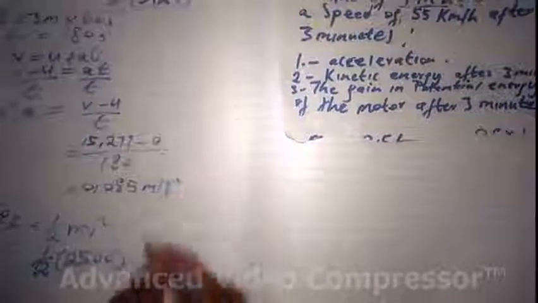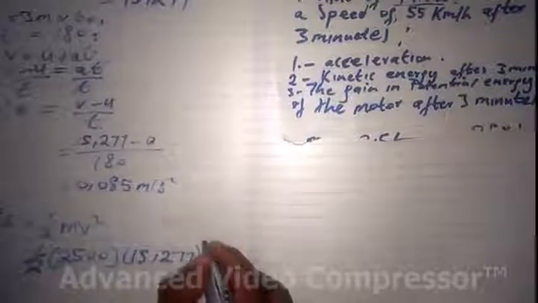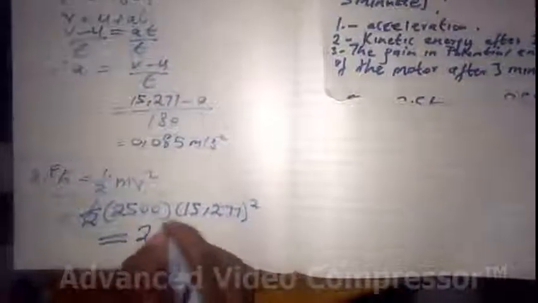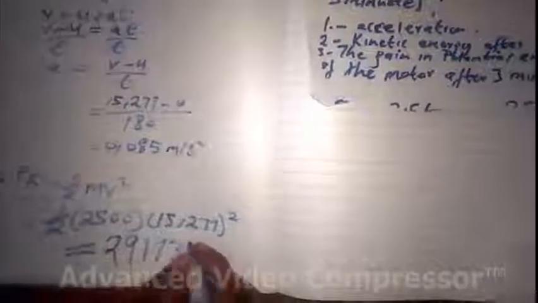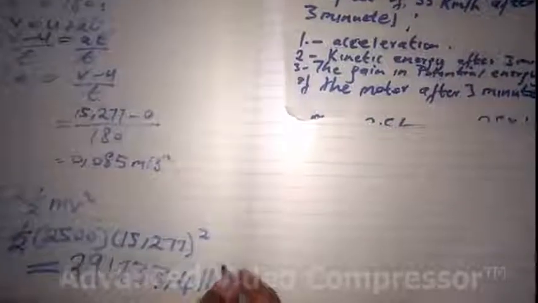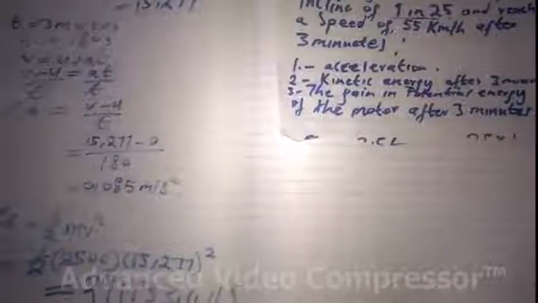Velocity substituted here is 15.277 squared. Then you punch your calculator to find the kinetic energy, which gives me 29,173.411, measured in joules. That's the kinetic energy.